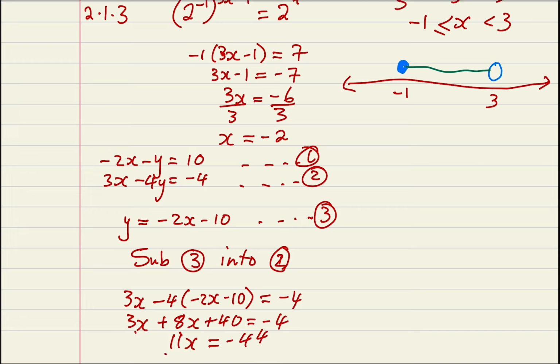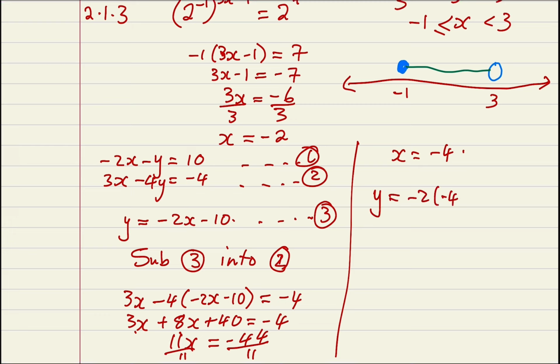Then divide by 11, we know for sure that therefore our x is equal to negative 4. Then take this and substitute into the third equation. So I'll have y is equal to negative 2 into negative 4 minus 10.